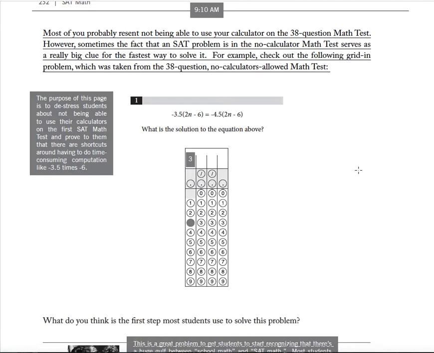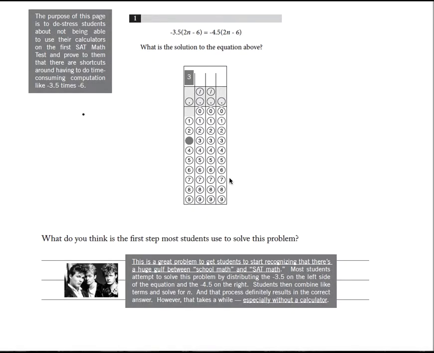It can be a little bit of a blessing sometimes that a problem is a no calculator permitted question, and here's why. Sometimes the fact that a problem does not enable you or allow you to use your calculator actually serves as a clue for the fastest way to solve it. So here's what you're going to do. You're going to start off by writing this problem down on the whiteboard, and you may find that some students will be solving the problem as you go along.